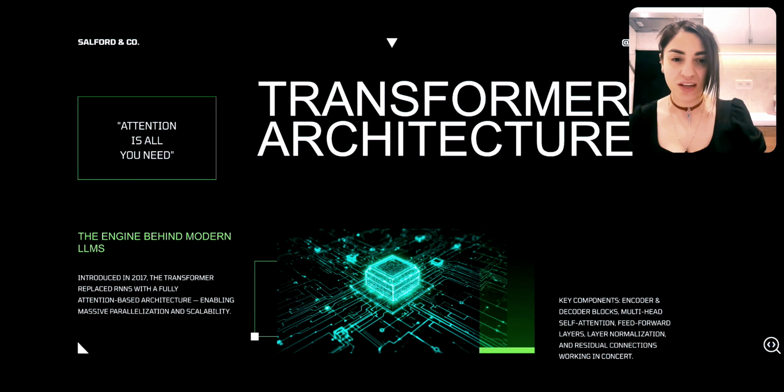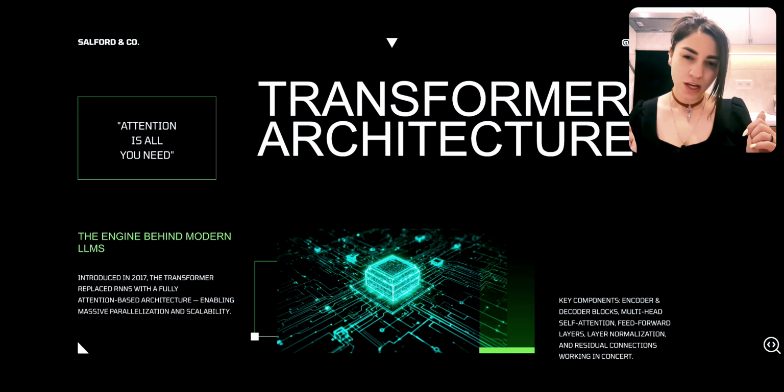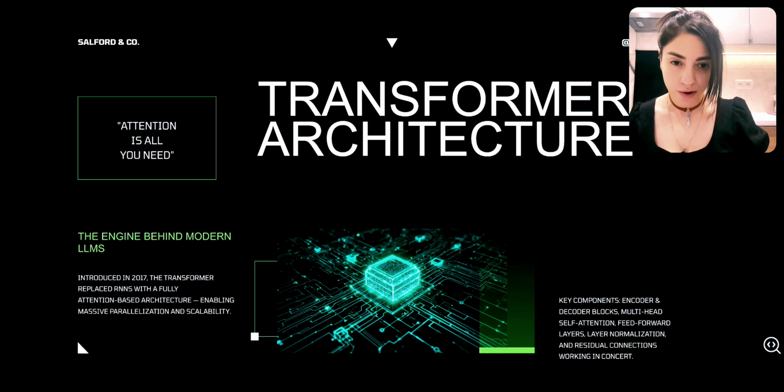Transformers changed this by allowing many tokens to be processed in parallel. A transformer contains repeated layers of attention mechanisms, feed-forward neural networks, residual connections, and normalization operations. All these are hard to understand, but believe me, if you read more about this, I won't go into details now, but in the advanced part, when I start an advanced course, advanced playlist, I'll talk more about this.